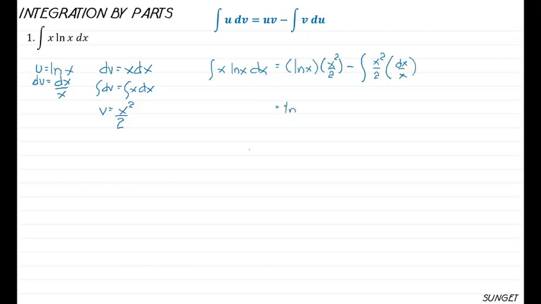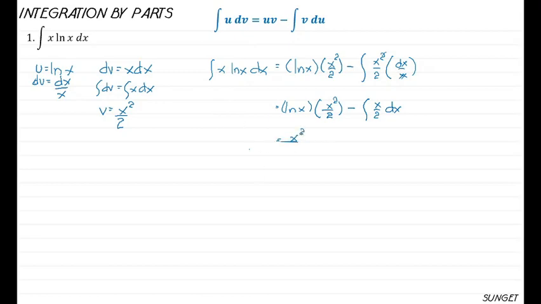So ln x times x squared over 2 minus integral of, cancel, x over 2 dx. So as we can see, the integral of v du, or integral of x over 2 dx, is simpler than the integral of u dv, which is the given integral. So simplify.